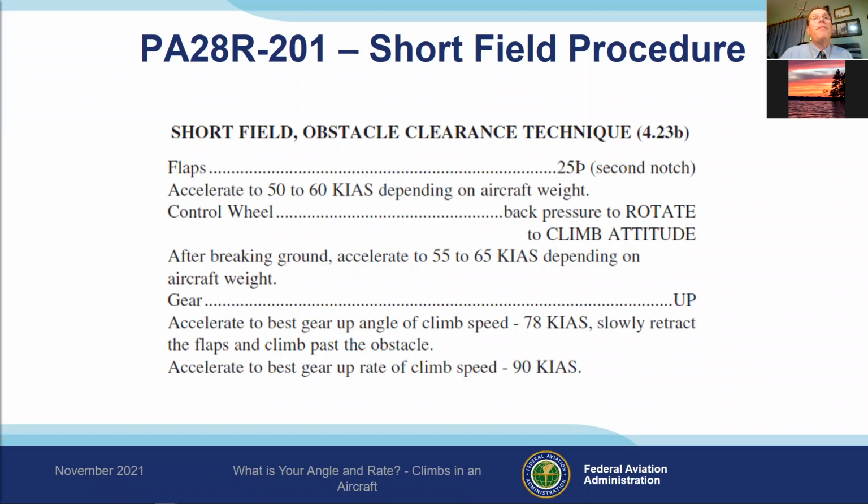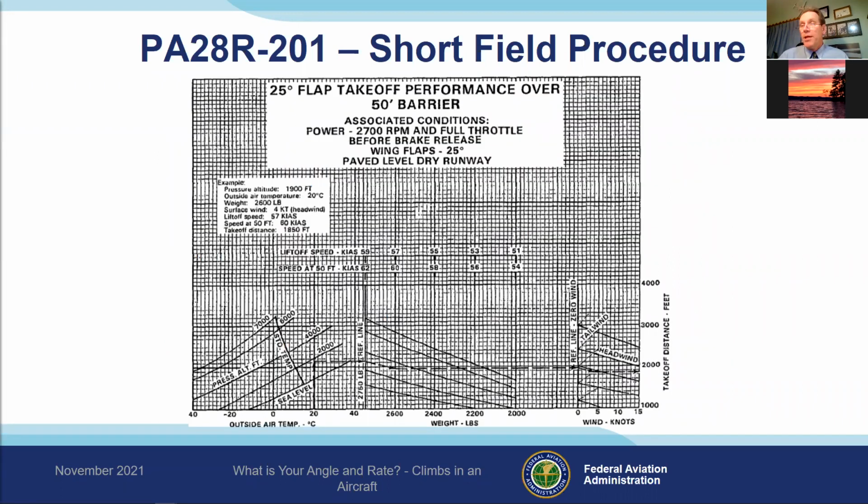And you see this if you even look at the chart. The Pipers have the classic kind of runaround chart versus a tabular data, but you can see the liftoff speeds up here and the speeds to clear a 50-foot obstacle. And these are all fairly low. Remember, we looked at VX with the gear down, but flaps up at 72 knots.